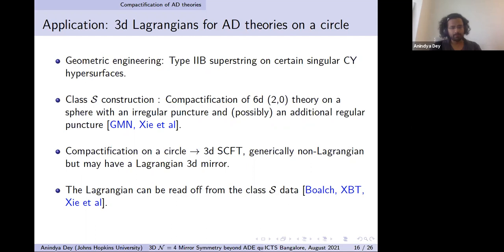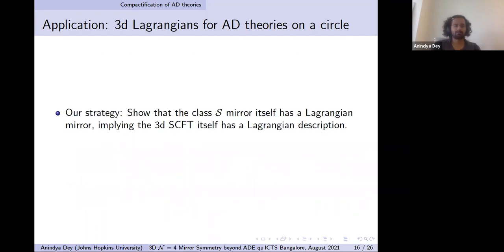So our strategy would be to show that the class S mirror that was constructed itself has a Lagrangian mirror, which would imply that the 3D SCFT obtained by compactifying the Argyres-Douglas theory on a circle itself has a Lagrangian description. If you can show that the 3D mirror is Lagrangian, then it's a Z2 thing.